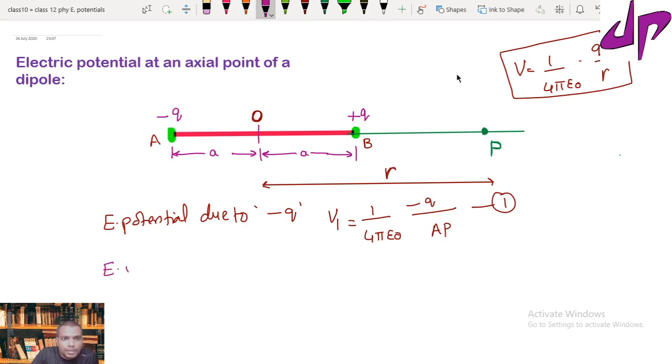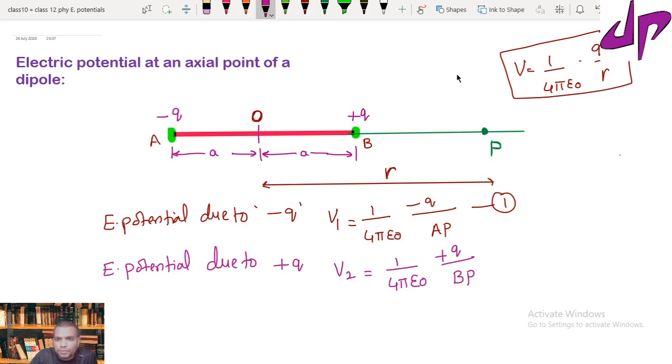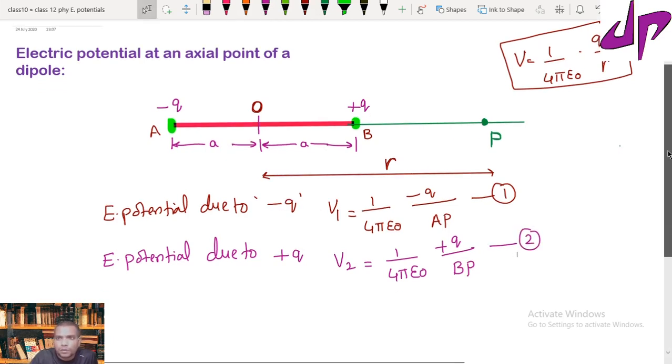Similarly, you can find the electric potential due to the plus q charge. If you take that as V2, it equals 1 over 4 pi epsilon naught times plus q upon the distance between the plus q and point P, which is nothing but BP. Take that as expression 2.